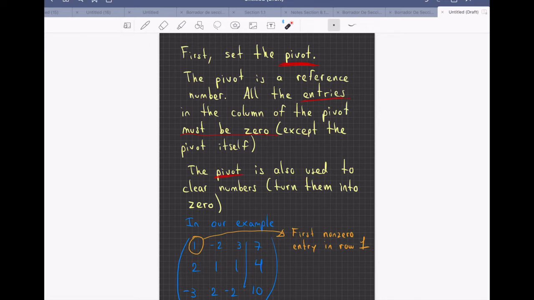The key is that you have the same number here and the same number here. Or maybe not exactly the same, maybe the same except for the sign. I mean, one positive, one negative. But definitely, we need to have the same number.